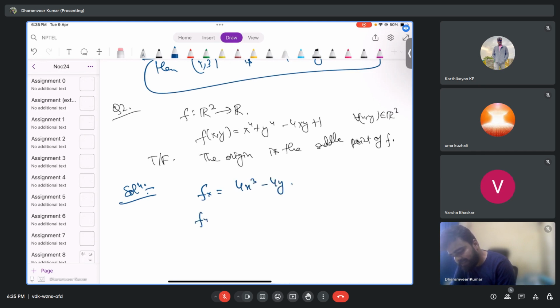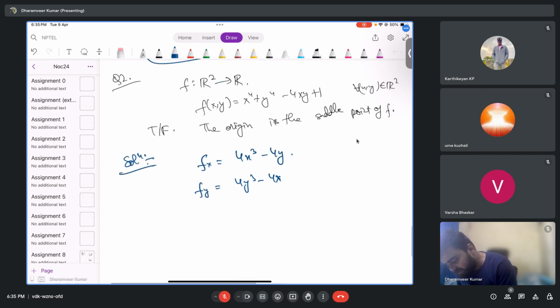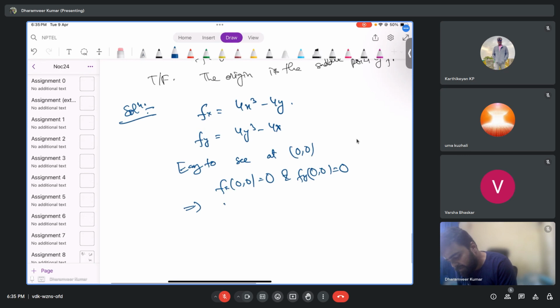And what is fy? 4y cube minus 4x. You don't need to find all critical points. Easy to see. At (0, 0), fx of (0, 0) is 0 and fy of (0, 0) is 0. That implies the origin is the critical point.